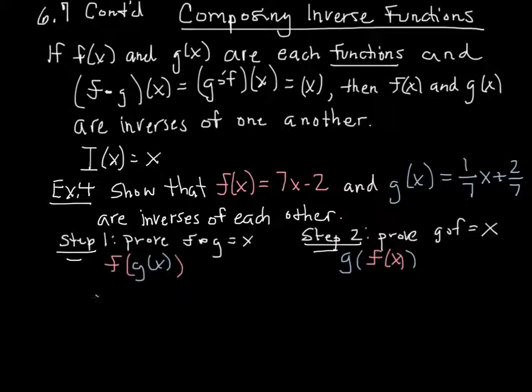F of g of x is like saying f composed of 1/7 x plus 2/7, which looks like 7 times 1/7 x plus 2/7 minus 2.